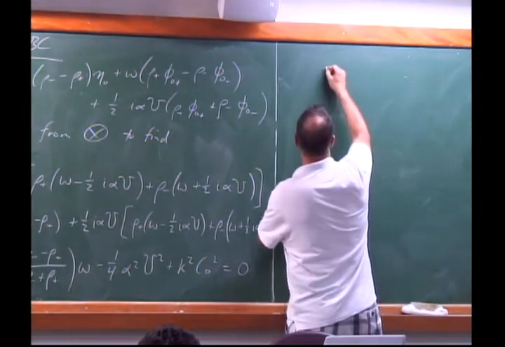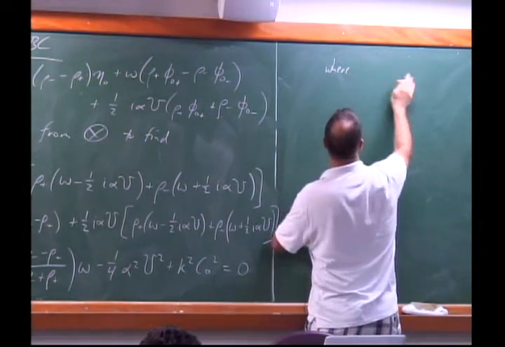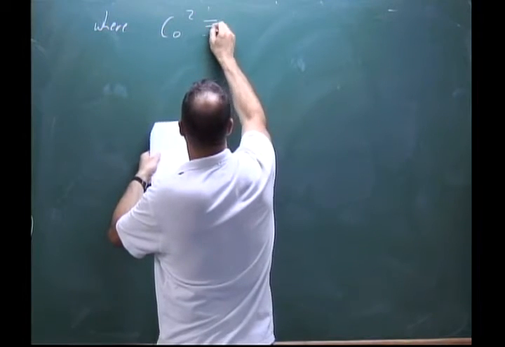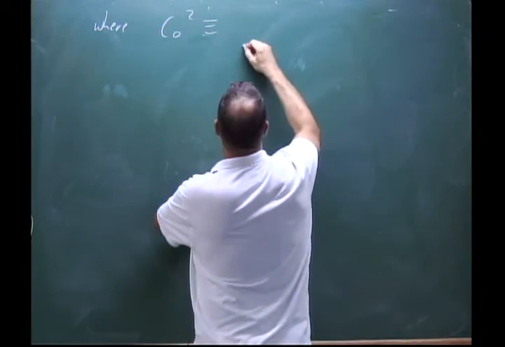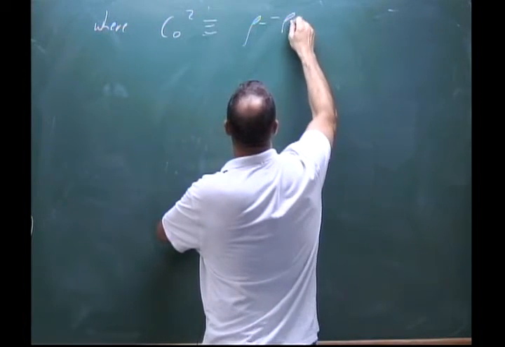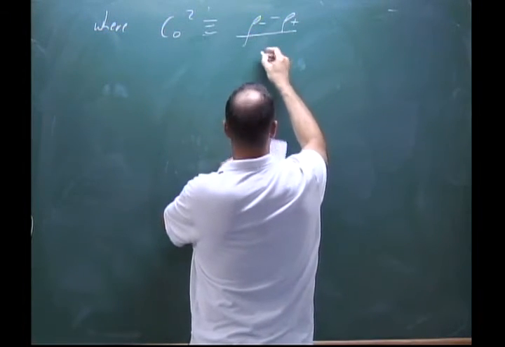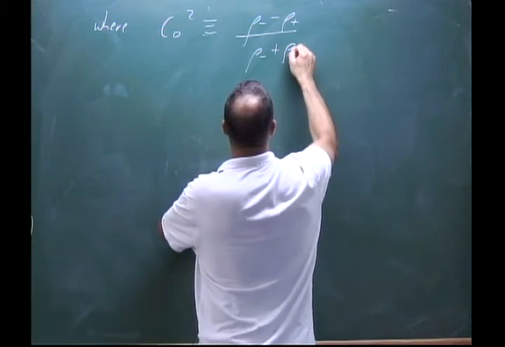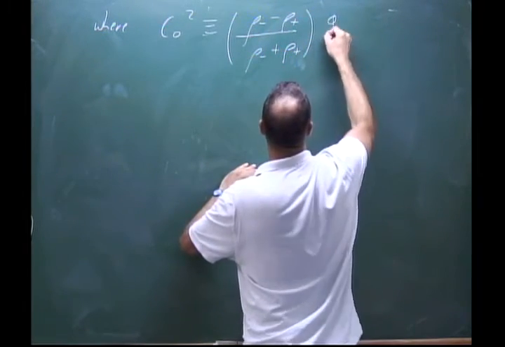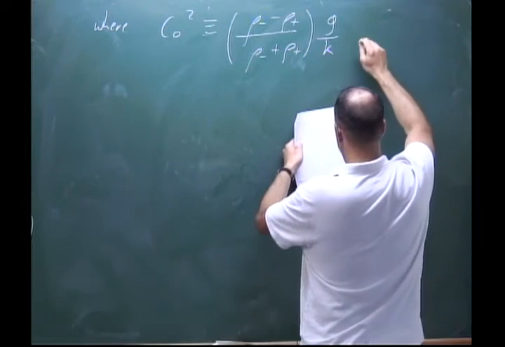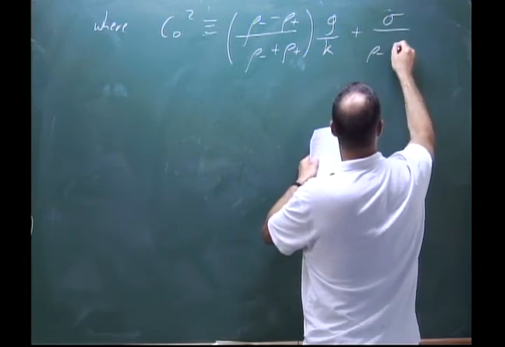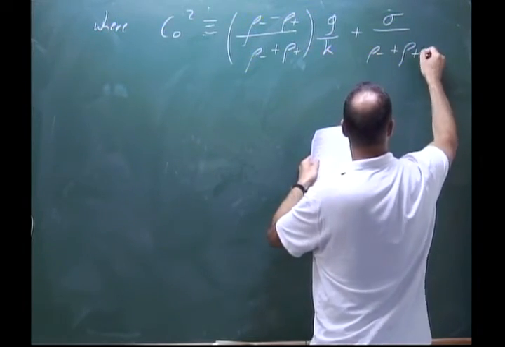Okay, so where c naught squared is defined as g over k plus sigma over rho minus plus rho plus.